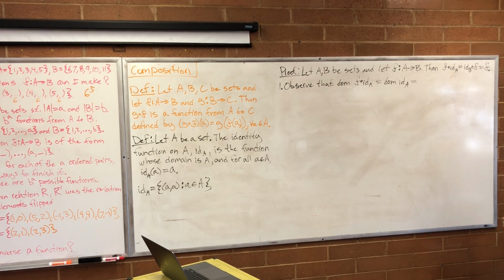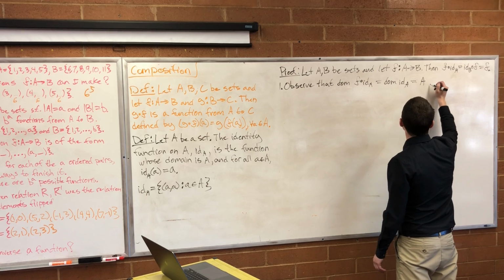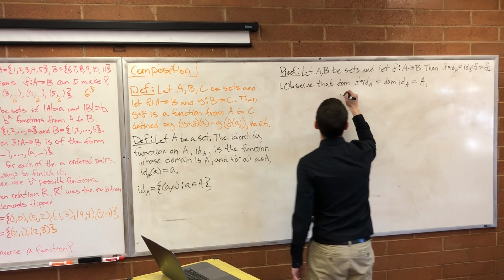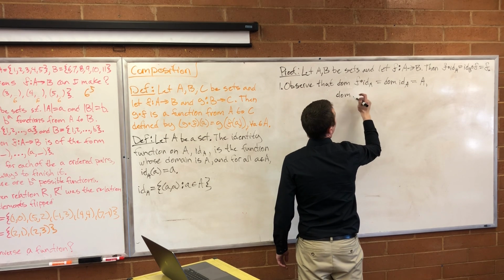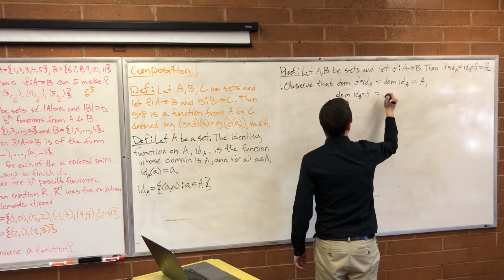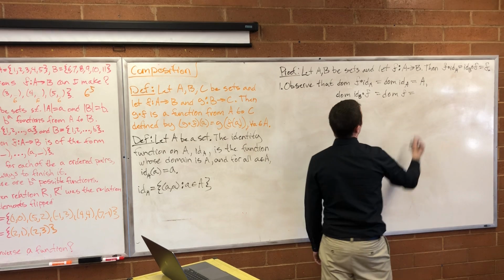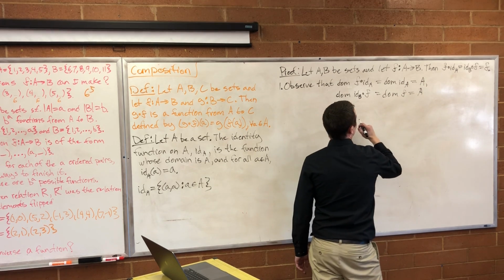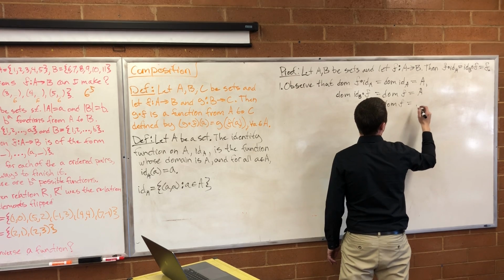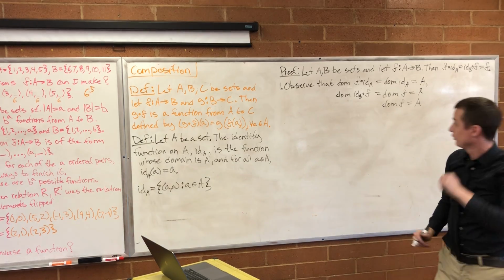A. The identity on A maps everything from A to itself, which is equal to A. And we have the domain of the identity on B composed with F is equal to the domain of F, which is equal to A. And we also have that the domain of F is equal to A. So all three of these functions have the same domain, right?